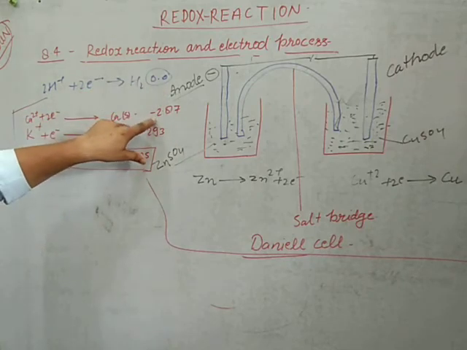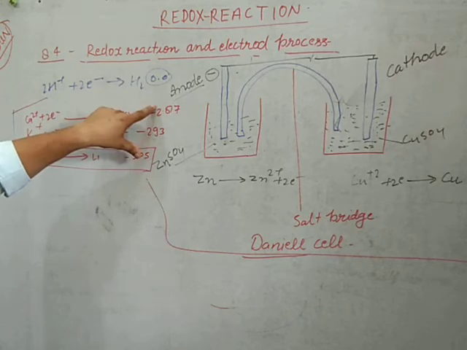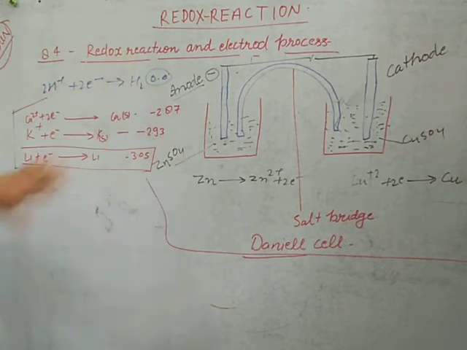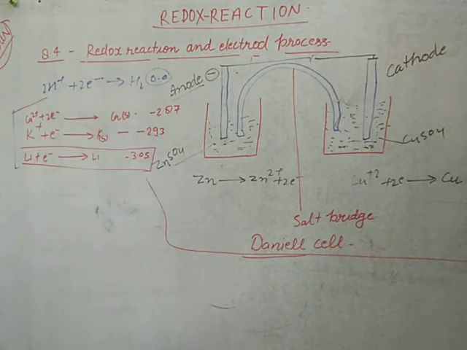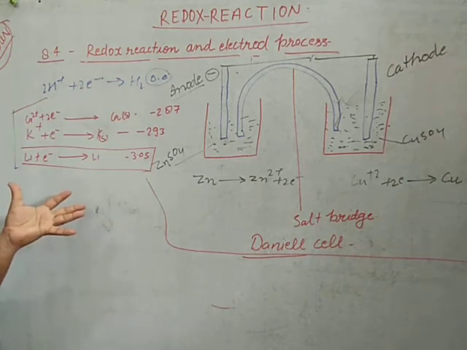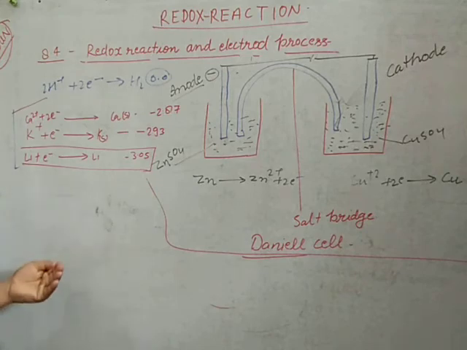So by seeing the values of standard electrode potential, we can say about the metal which one is the better oxidizing, which one is the better reducing, and what the reactivity of the metal is.